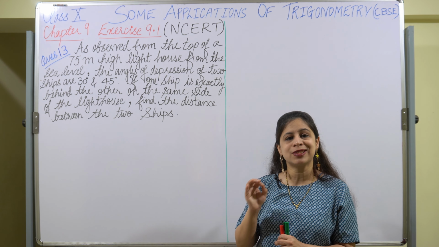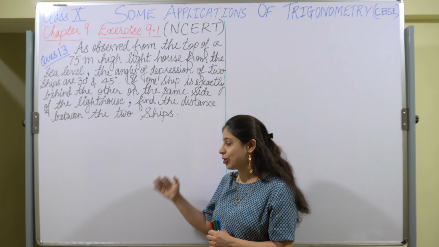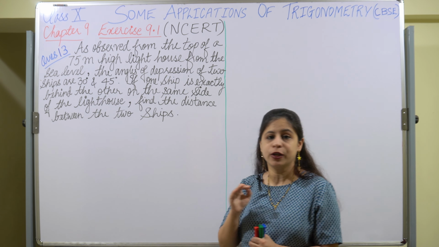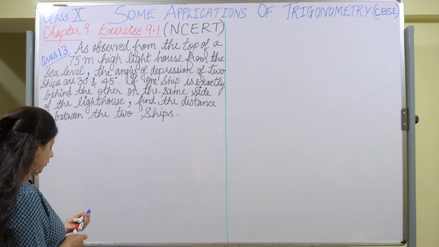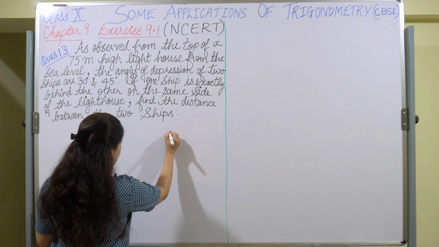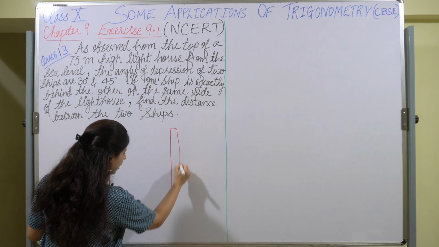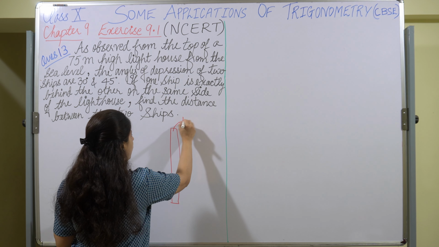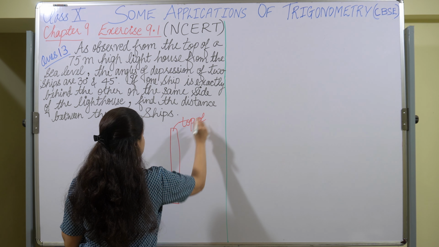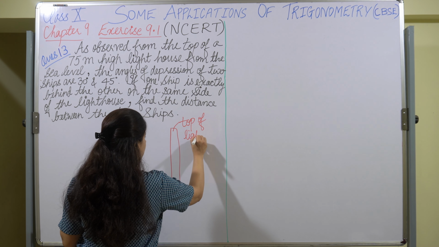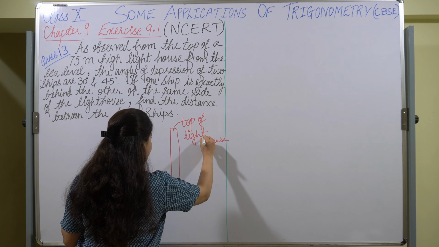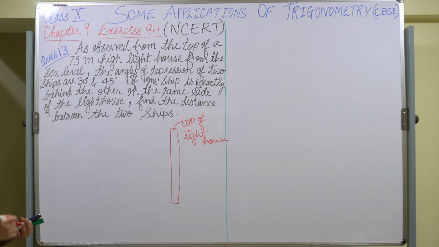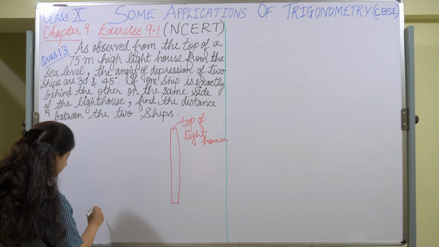The first and foremost thing to be done in such type of questions is to draw the figure. So here my figure is. Let us say this is my lighthouse. This is the top of the lighthouse. Then the two ships are there.